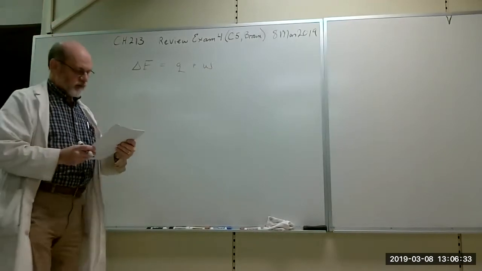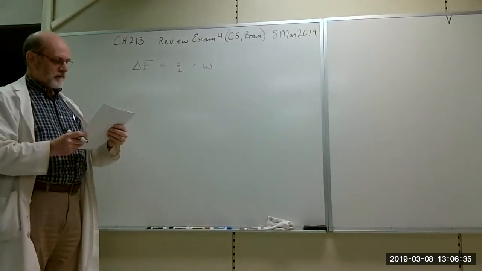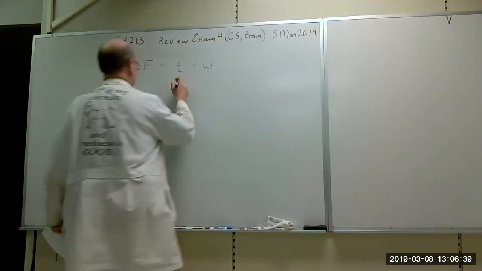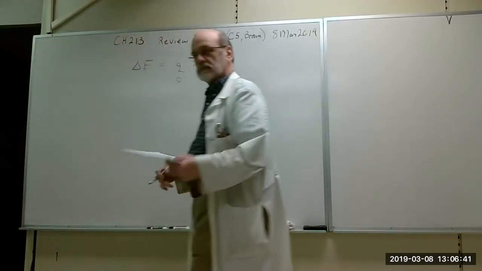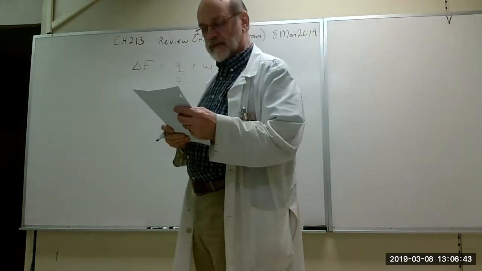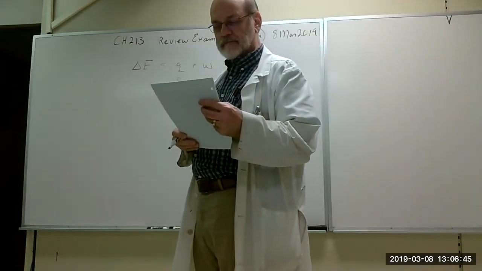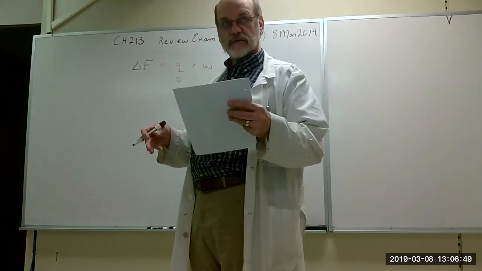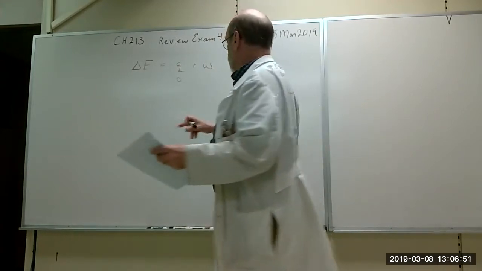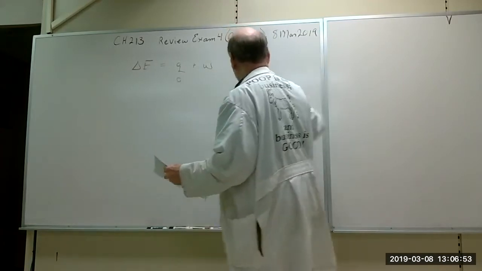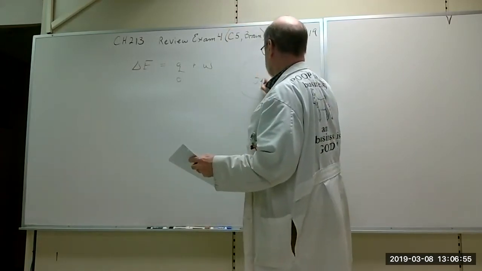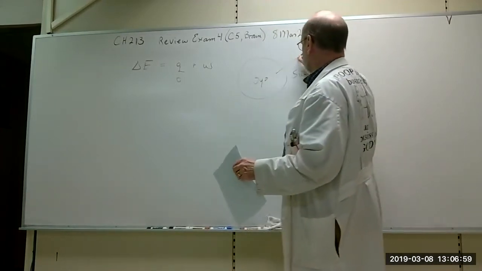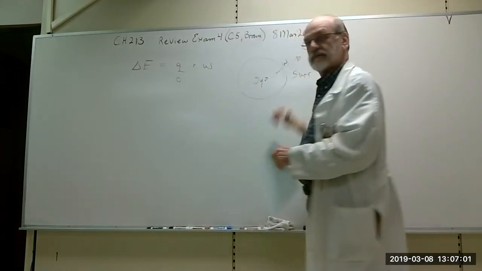So the problem says that no heat was transferred, right? So this is 0. And the work that was done by the gas on its surroundings. So that means if we have the system here and the surroundings here, then the work is being done like that, right?